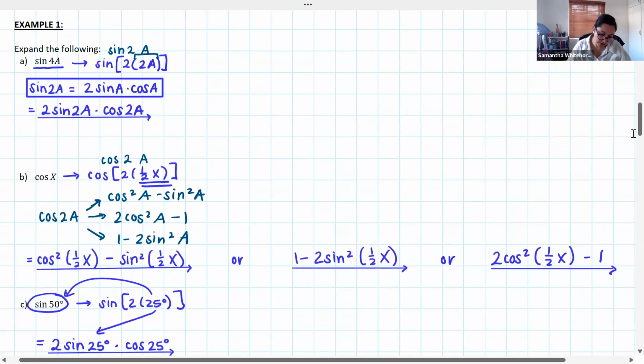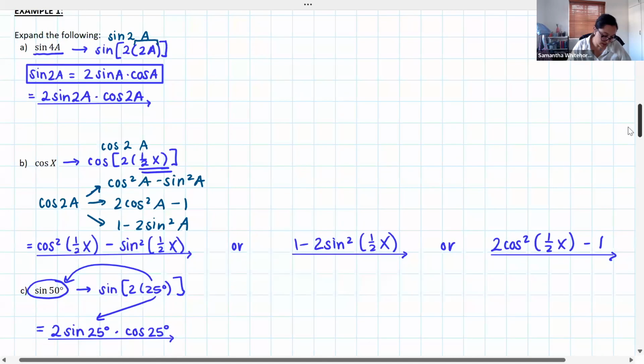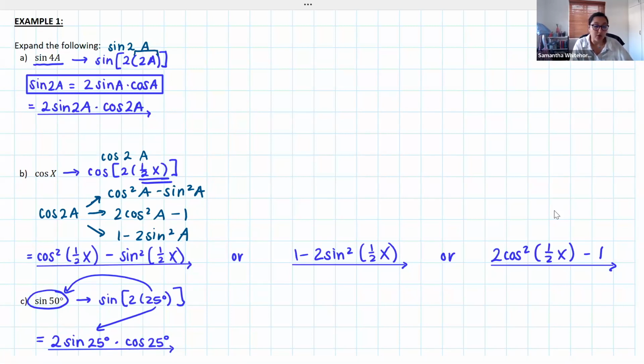All right, so let's take a quick screenshot of these 3, and then you're going to try some by yourselves. And again, yes, this is basic. This is not supposed to be super tricky yet, but if you can't do the basics, you're going to really struggle when it gets to the more complex questions. So we need to practice the stuff now, especially because this is brand new, so that we can apply it later.